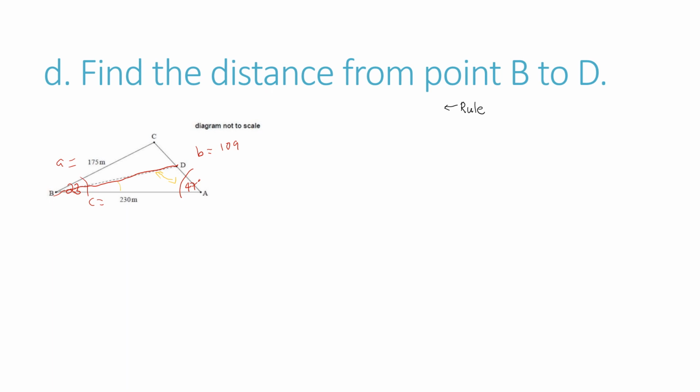Under cosine rule, you need to have adjacent sides and included angle. And this included angle has the opposite side. Usually that's the missing one. So in this case, if we're looking for BD, which is the opposite of A, then it looks like this. These are the adjacent sides.